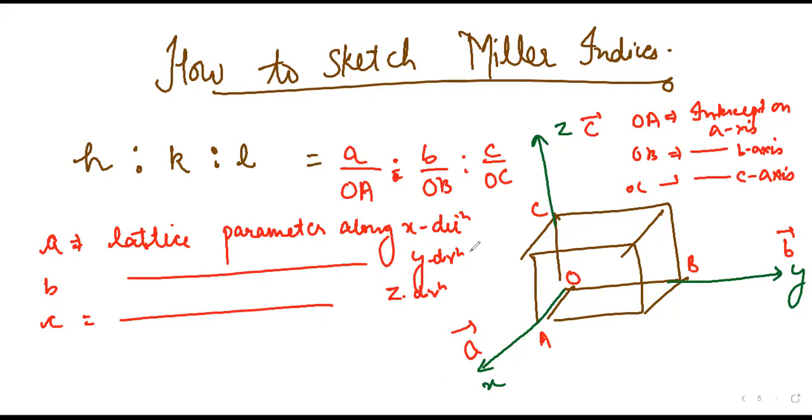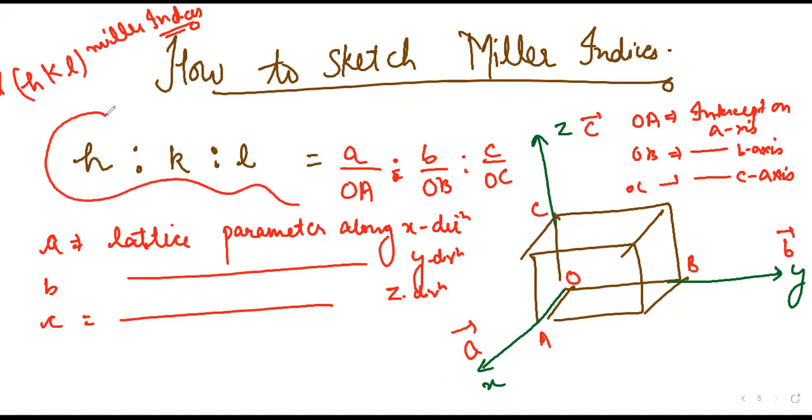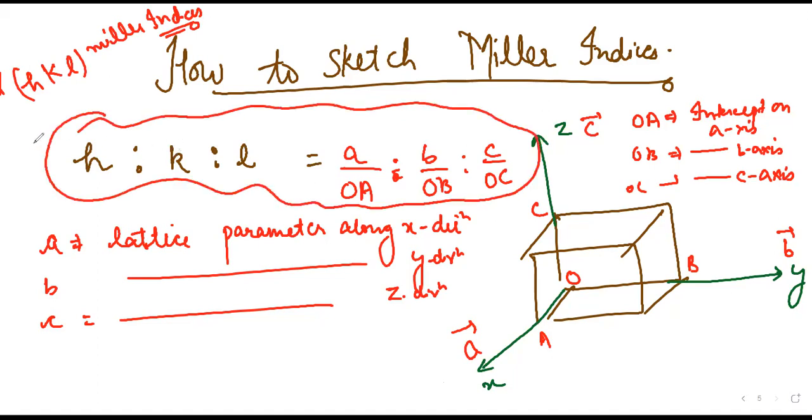Any doubt? And HKL basically will be your Miller indices. You can sketch Miller indices using this formula. Basically, you have to revise this formula. Any doubt?